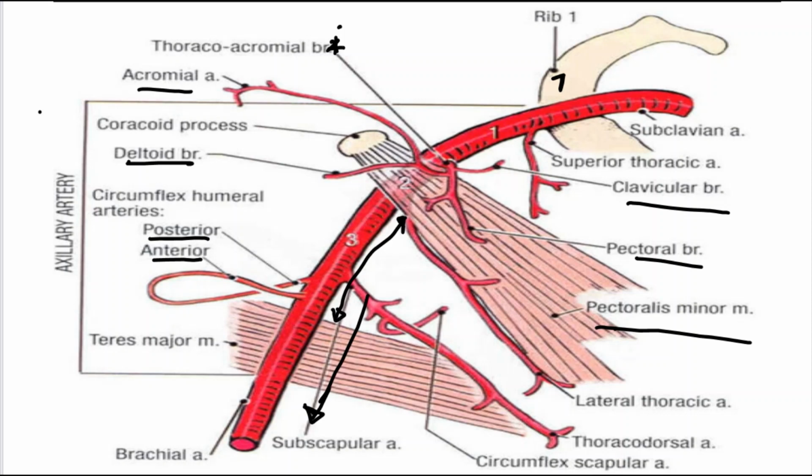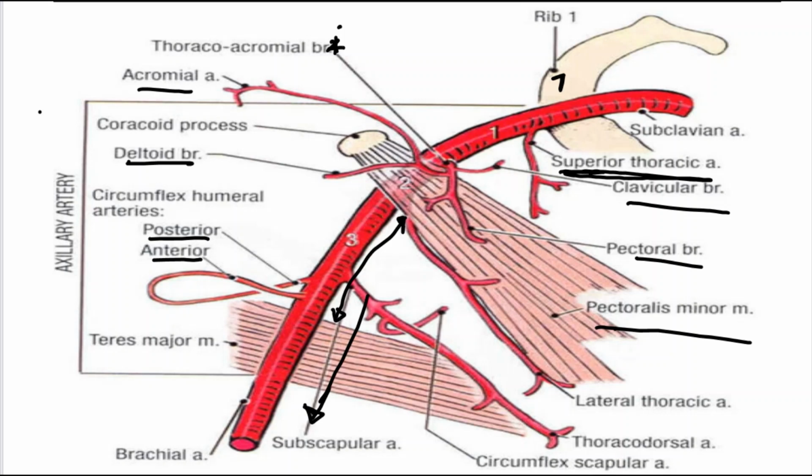So what you should know about the axillary artery is that the first part gives you 1 branch, which is the superior thoracic artery, this one here. The second part gives you 2 branches, the thoracoacromial artery, which will branch off into the acromion branch, the deltoid branch, the pectoral branch, and the clavicular branch.